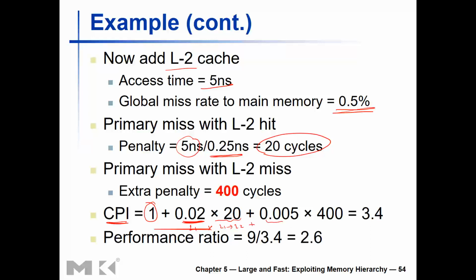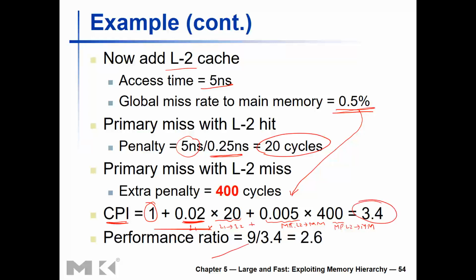Well, first of all, give me the miss rate of L2. So miss rate from L2 to main memory, and he told me here it is 0.5%, and then multiply this by the miss penalty, but now this is when L2 acts as main memory. Okay, all right. So you add all of this and you get 3.4.